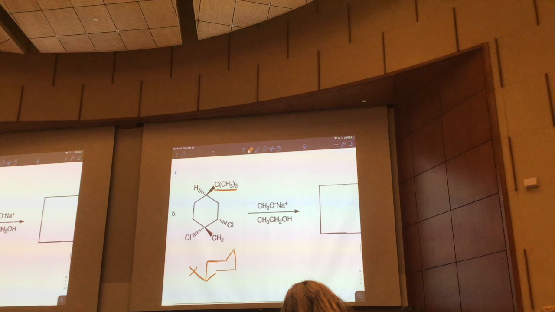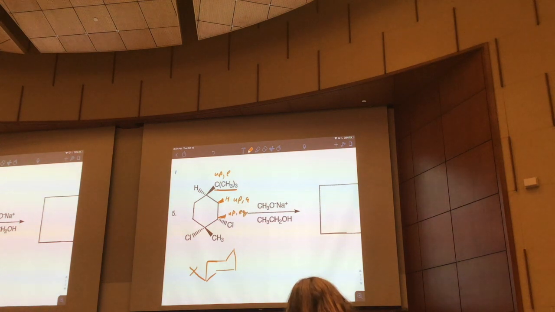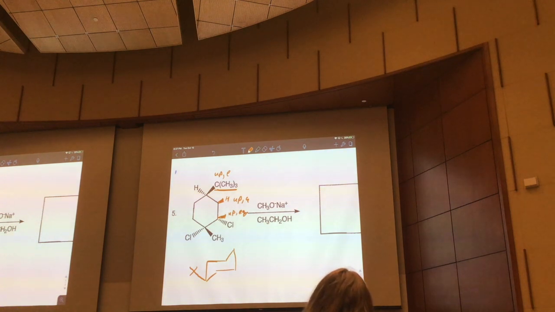So everything up around the ring is going to alternate. So we have up, equatorial, right? Let's go over one carbon over. This hydrogen is going to be up, right? Is it equatorial or axial? Axial. Yep, up axial. There's a hydrogen here. Is that going to be up axial or up equatorial? Equatorial, yeah. So up equatorial. So now we have this chlorine that's also on that same atom. We said, I didn't even draw the H, but we said that this hydrogen here was up equatorial.